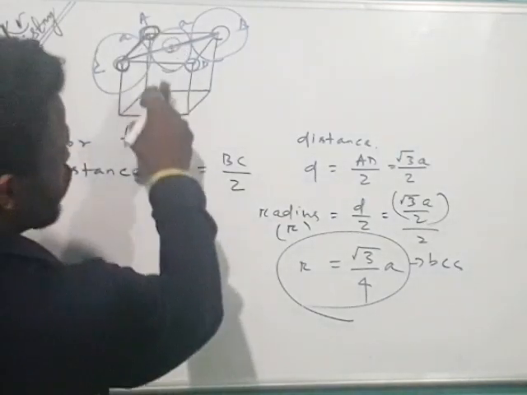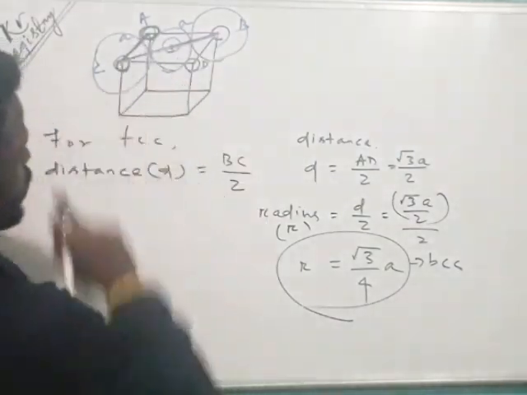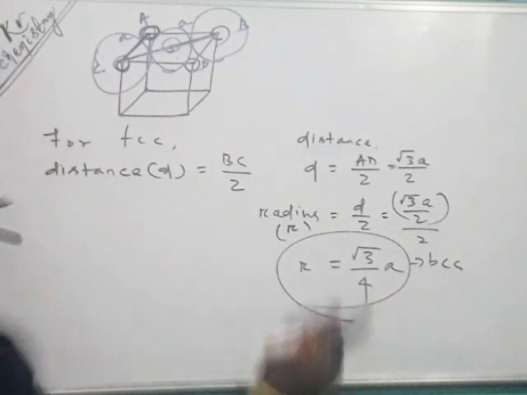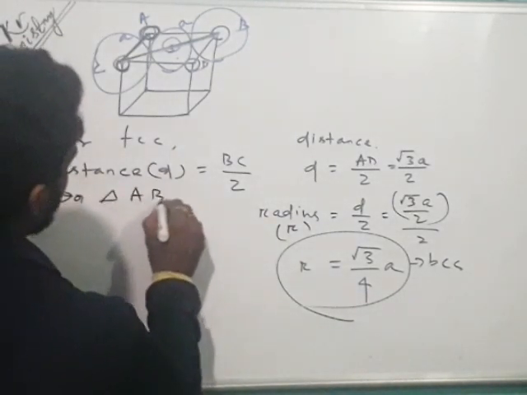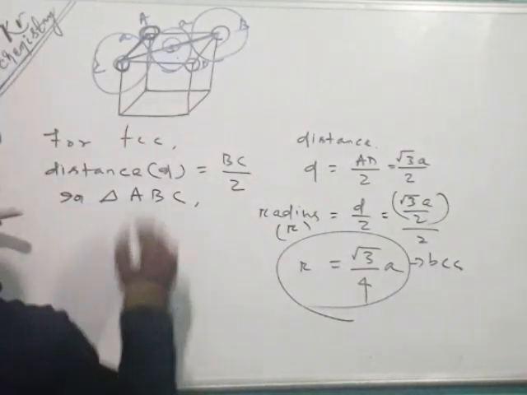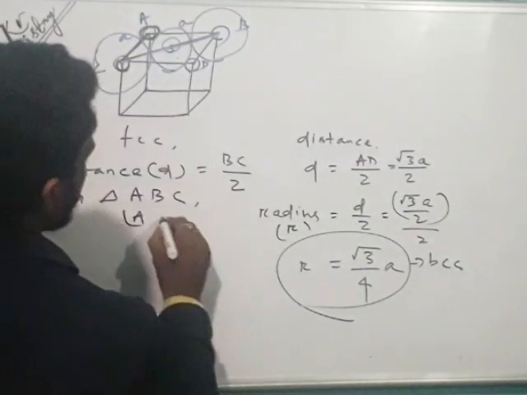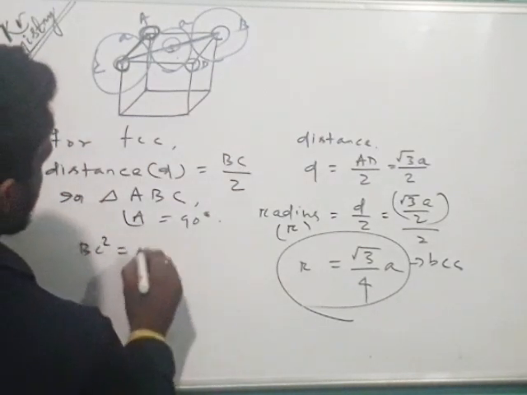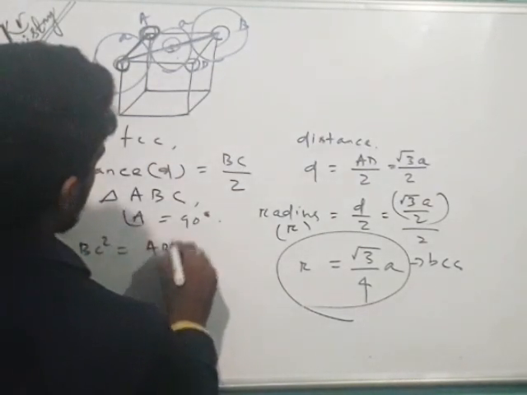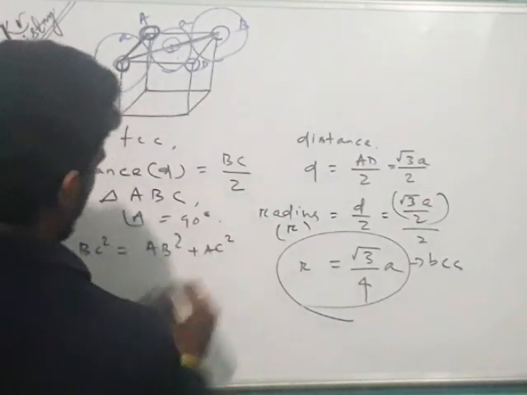We can calculate the value of BC from the triangle ABC. In triangle ABC, the angle A is 90 degrees. So BC square is equal to AB square plus AC square.